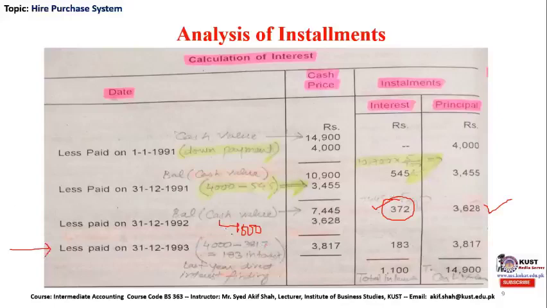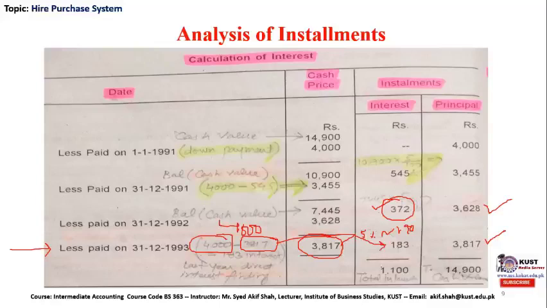Here a point to be noted is that the remaining outstanding balance or cash value is 3,817, and if we multiply 5% interest over it, it will come up to 190 or something around. So we have another direct method: subtract this amount from the annual installment of 4,000. Directly subtracting gives the principal amount left over in the balance, and the remaining amount will be considered as the interest payment in the last year.